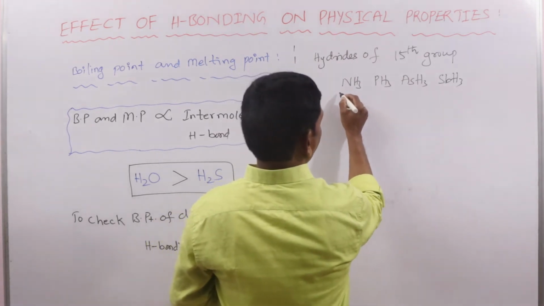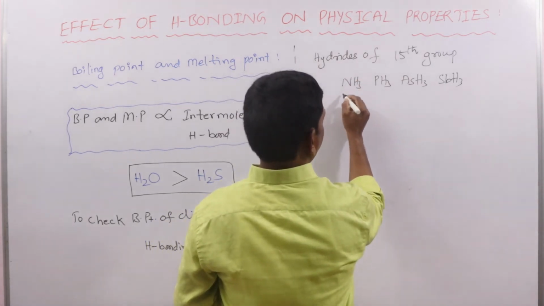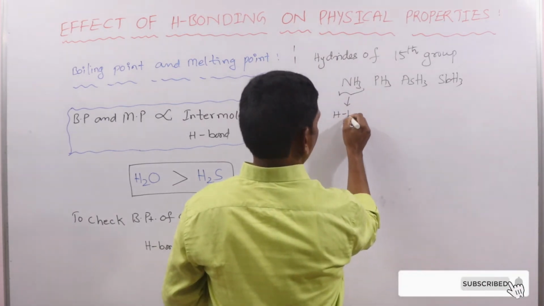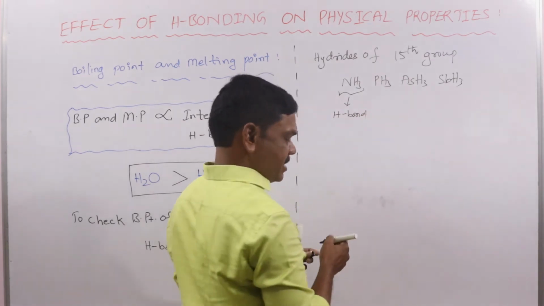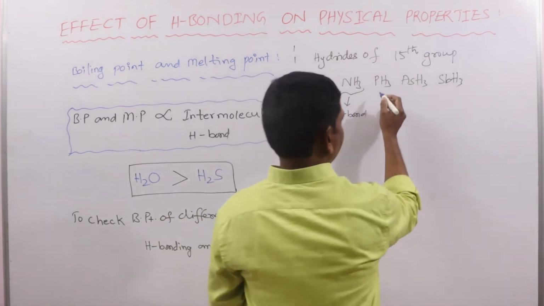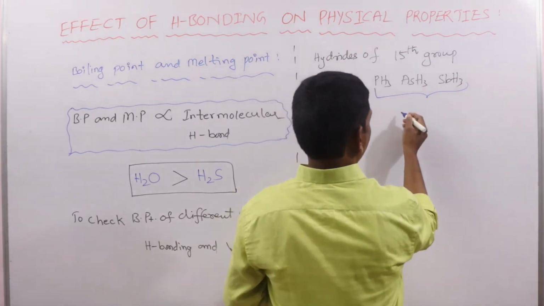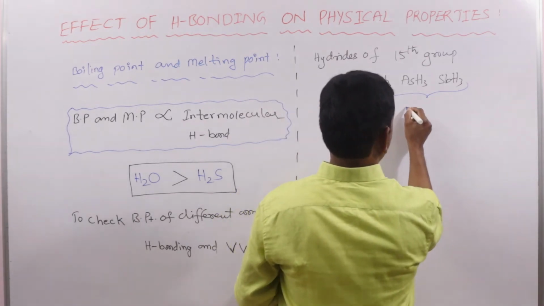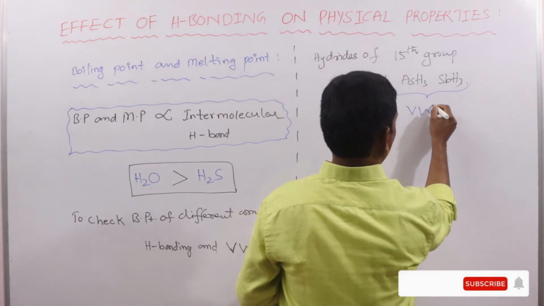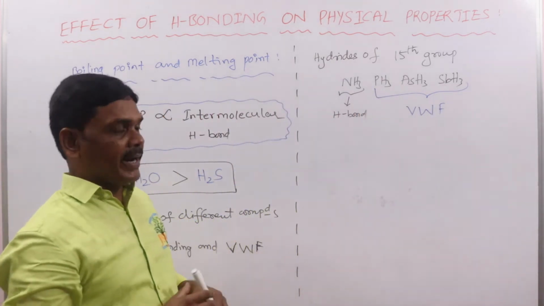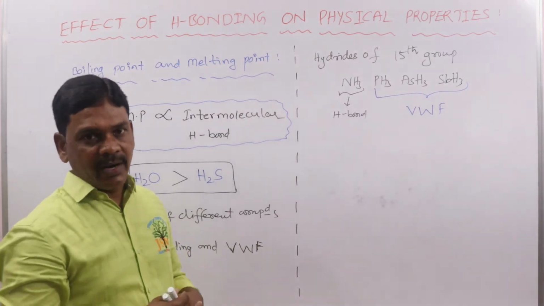Here this is nitrogen, so it is capable of forming hydrogen bonds. Whereas the remaining three hydrides of 15th group cannot form hydrogen bonds, but they can show Van der Waals forces.